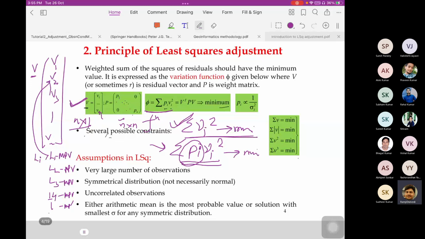But in practical sense, some of the observations are very precise, some are less precise. But corrections would be given equally to every value, which you do not want. You want the correction to be proportionate according to the weight. You get it?